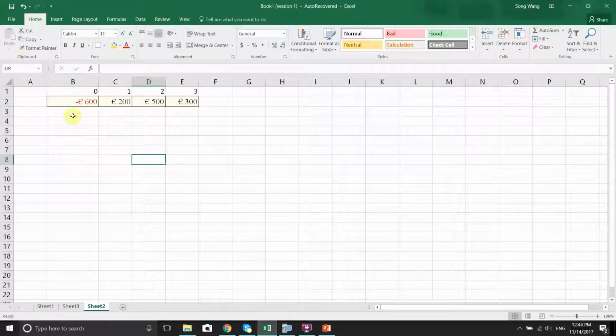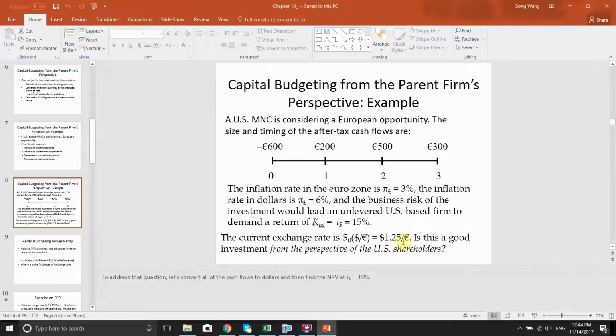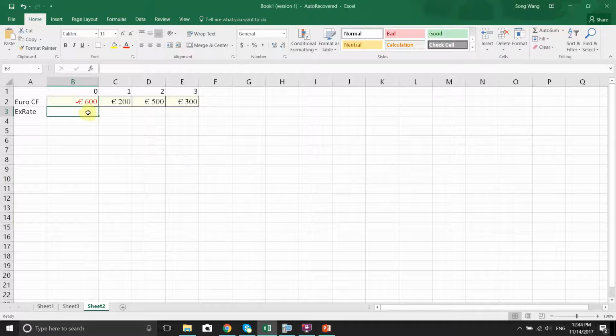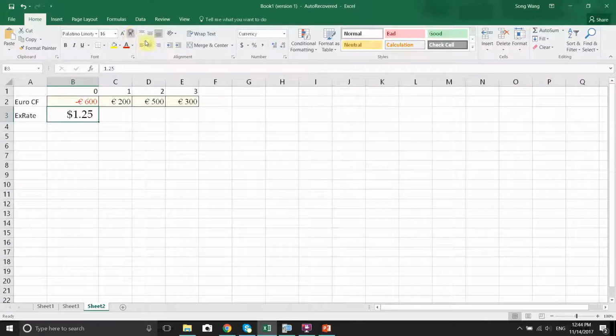Okay, so what we do is we need to know the exchange rates. So this is the euro cash flow, and we also need to know the exchange rate of the euro. Today it is $1.25 per euro, so let me just put it there. And how do I get the exchange rate a year later?